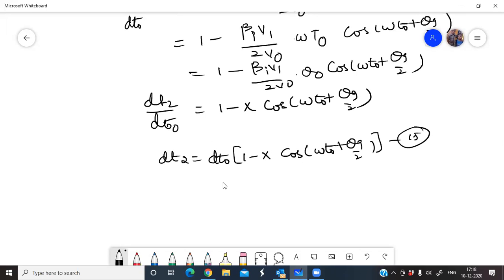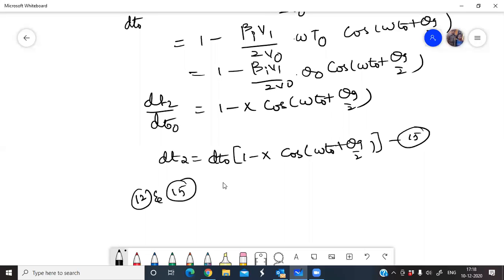Now from equations 12 and 15, what is equation number 12? Equation number 12 is I naught dt naught equals I2 dt2, right?